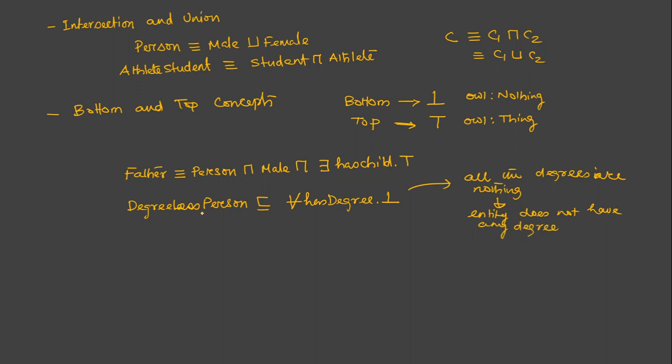right? And the other equivalent way to say the same thing is negation of there exists has degree T, right? So we are saying that the fact that the entity has got at least one degree is false.